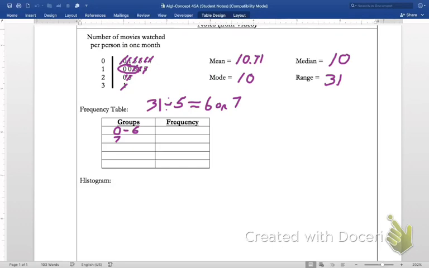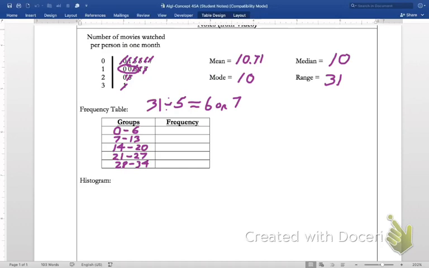So if I add 6 to that, 7, I'm going to get to 13. My next group will have to start at 14. If I add 6 to 14, that means that group will end at 20. The next group will start at 21. I'll add 6, that's 27. My next group will have to start at 28, add 6, that's 34.